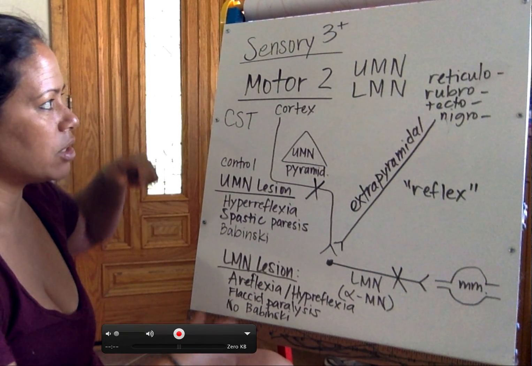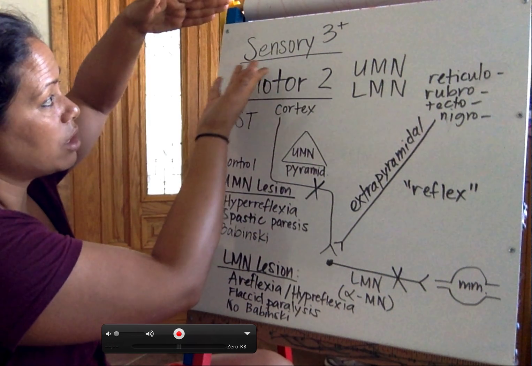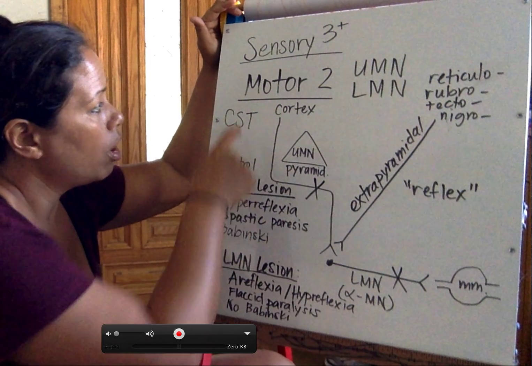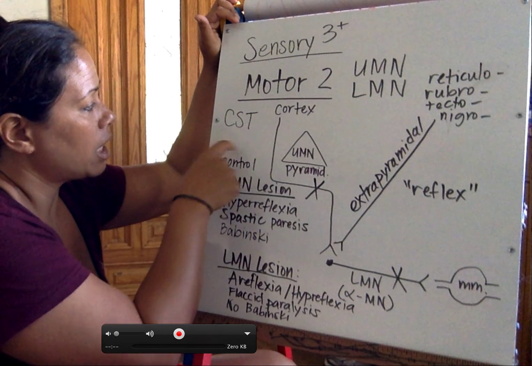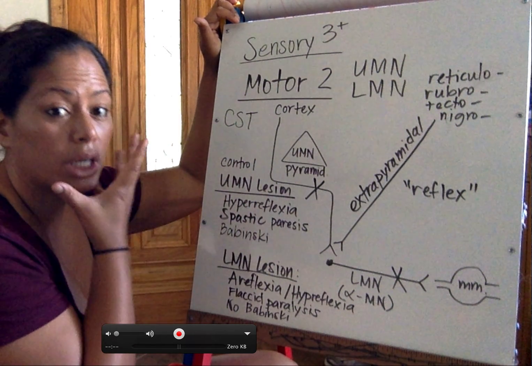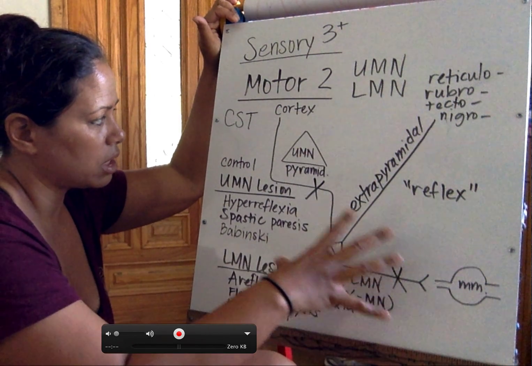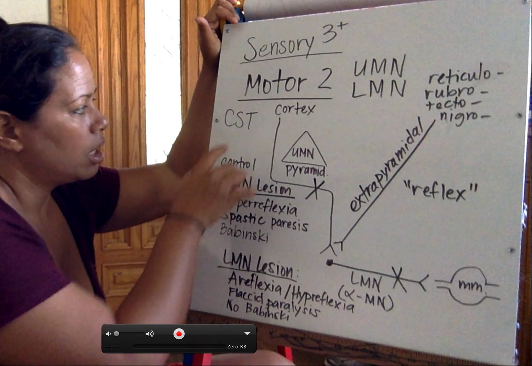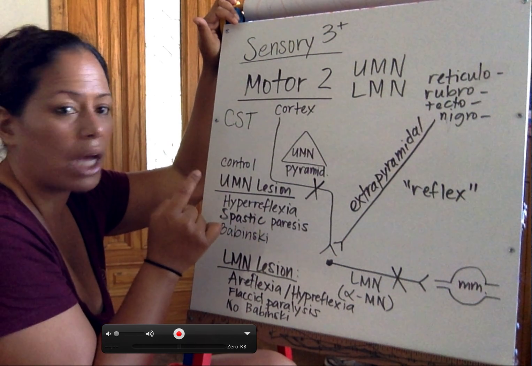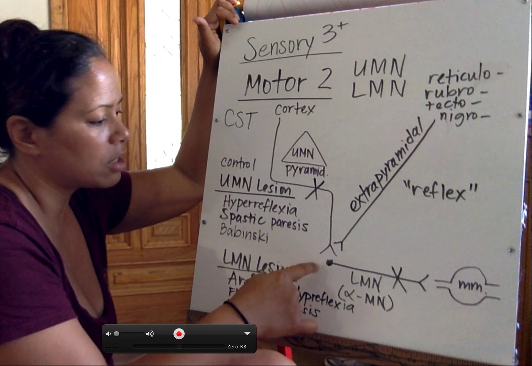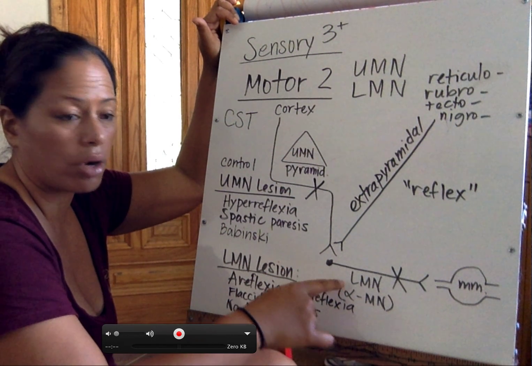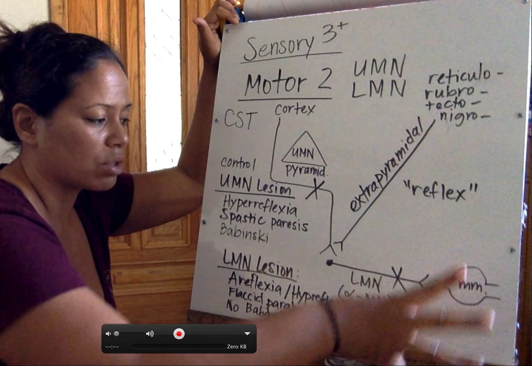The concept all over again. I have a motor pathway and I have a sensory pathway. The sensory pathway is three or more neurons in a row. The motor pathway has two neurons, upper and lower motor neurons. The primary one that we're going to look at, and this is what I'm going to test you on a lot, is the corticospinal tract. It's the motor pathway that goes from the cortex of the brain all the way down to the spine and connects onto the lower motor neuron, which then travels to a muscle to control it.